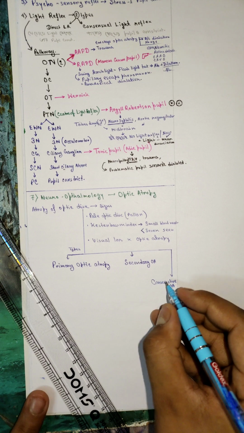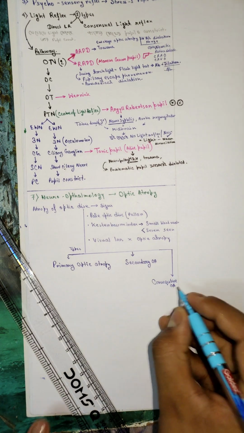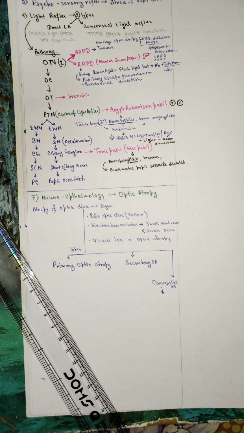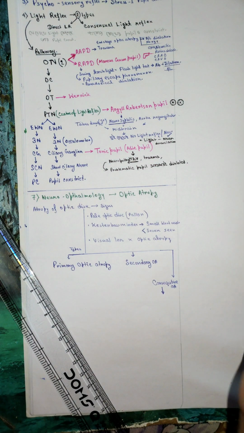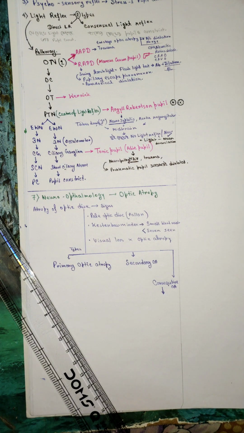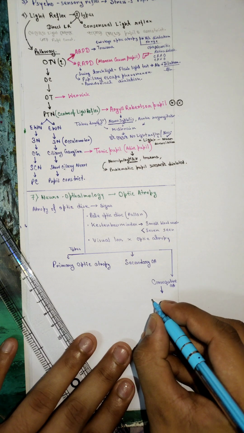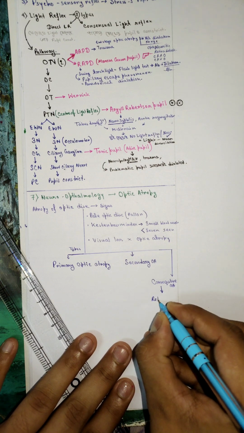What is this? This is a consequence of the same structures getting destroyed. If this is my retina, this is my optic nerve, and this is the optic disc, and here the retina gets damaged. Along with the retina, the consecutive structure, that is the optic disc, also gets damaged, and ultimately I can see optic atrophy.